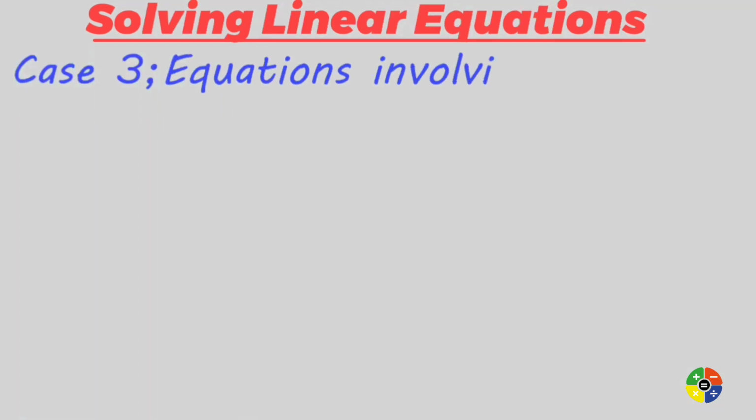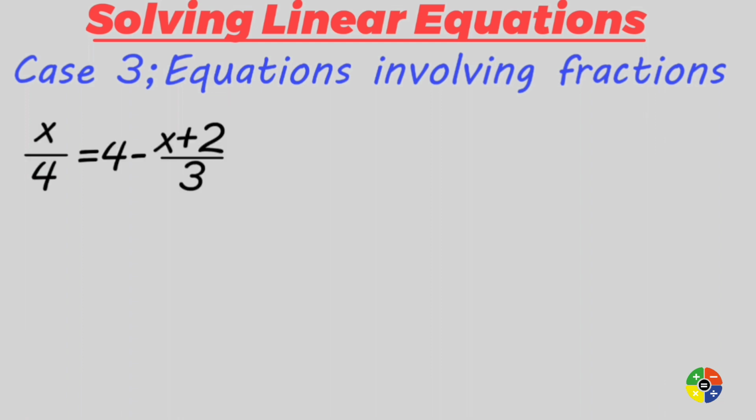Case 3. Equations involving fractions. Let's take this equation. How do we proceed to solve for x? First, we are going to proceed by cancelling out their denominators. We can do that by multiplying each term by the lowest common multiple of 4 and 3, which is 12.